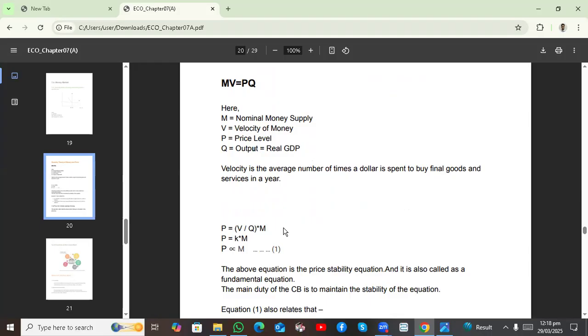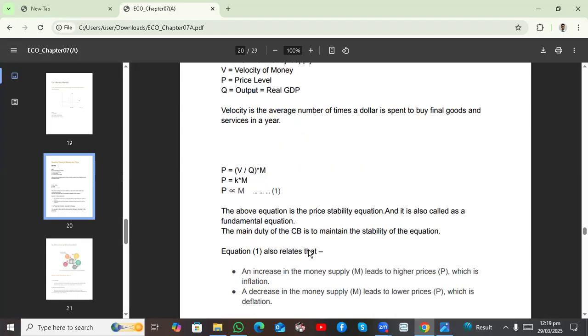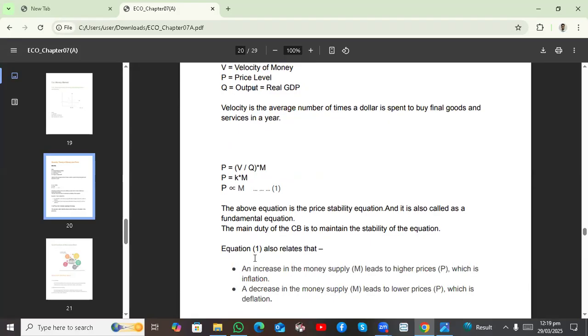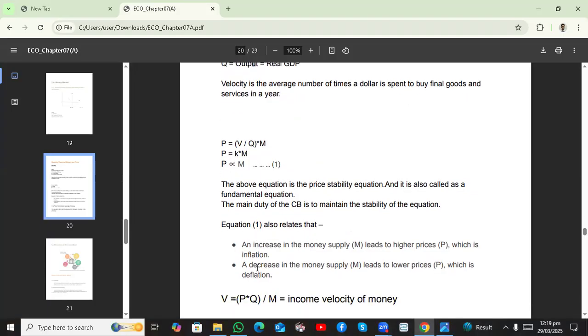Suppose this equation is equation number 1. This equation is called the price stability equation, and it is also called the fundamental equation. The main duty of a central bank is to maintain the stability of this equation. The equation also tells us that an increase in the money supply leads to higher prices, which is inflation.